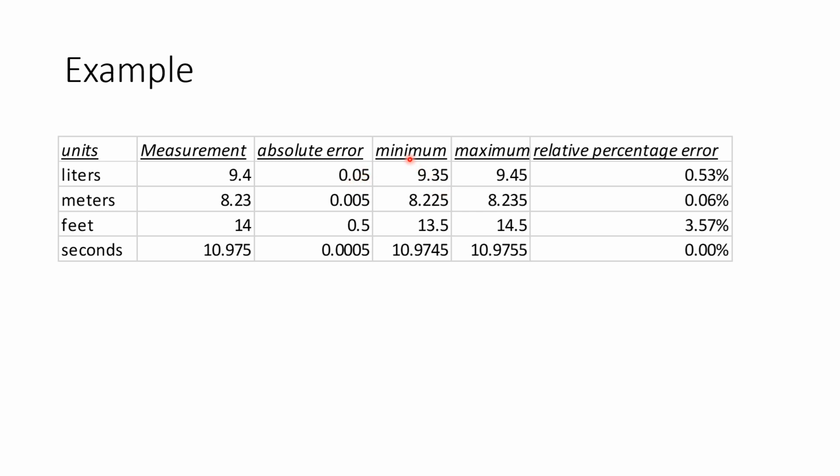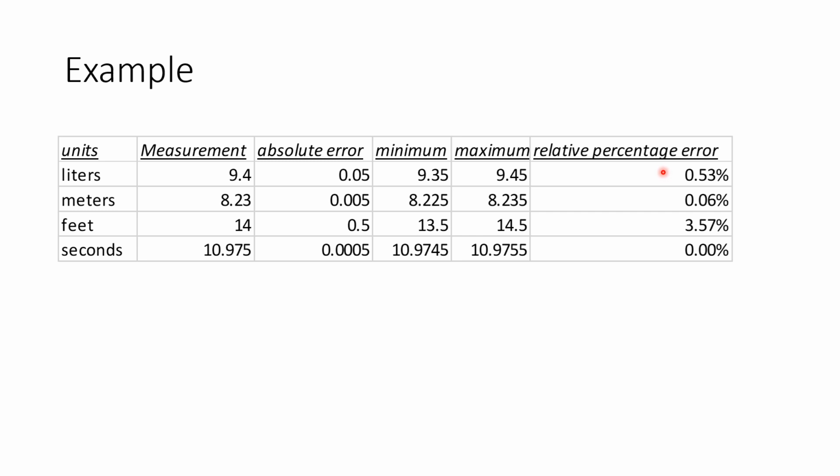For the minimum, I say, well, this could be as small as 9.35 liters, and I would round it to 9.4. Or it could be as large as 9.45 liters, and I would round it down to 9.4. So this is the min, this is the max. If I take this absolute error and divide it by 9.4, I get my relative percentage error.